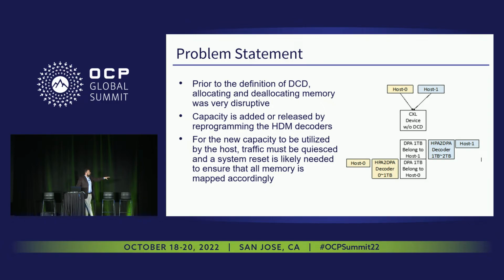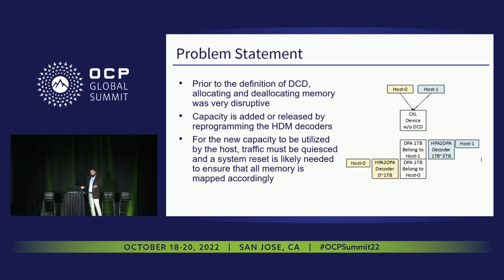But the problem with this sort of configuration, in looking at this example, I show 2 hosts mapping 1 or 2 terabytes of physical media, each one accessing 1 terabyte. But we want composability, so let's say host 0 is utilizing all of its memory and would like more, and host 1 is underutilizing its memory and doesn't need to have everything. So no problem.